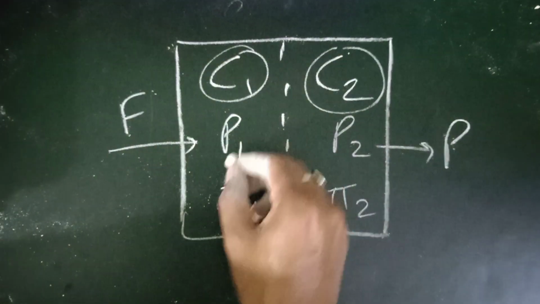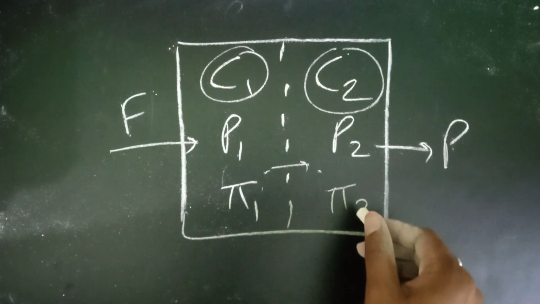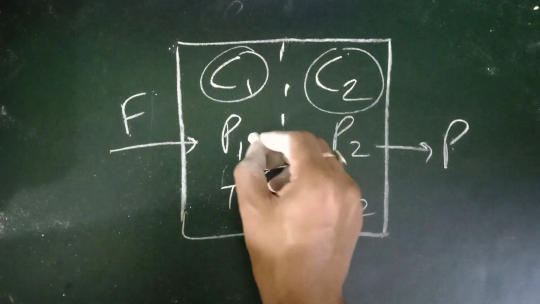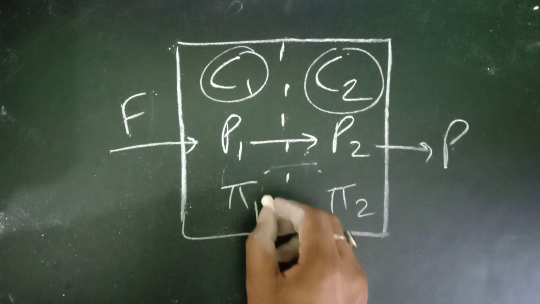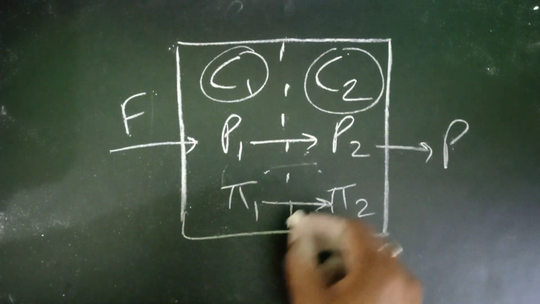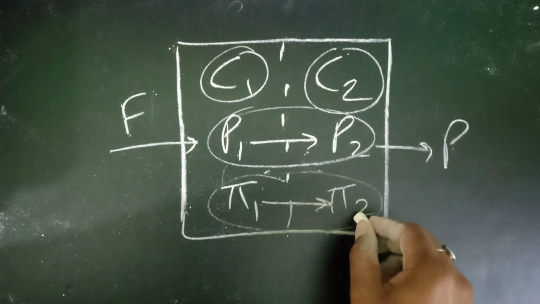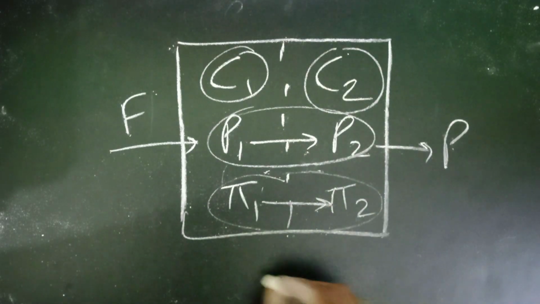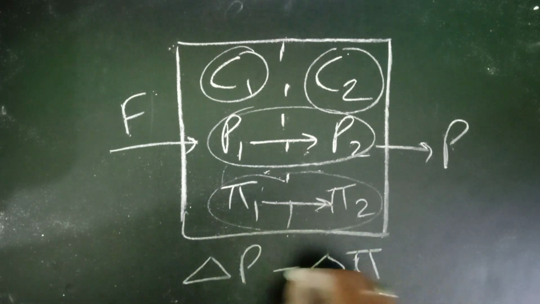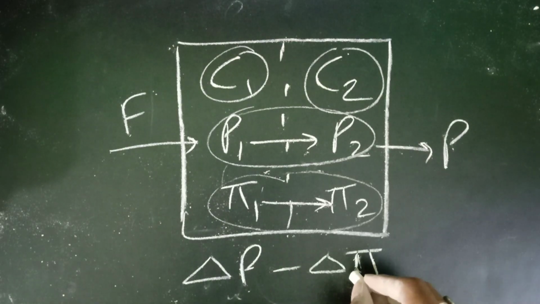If we want to add some pressure to reverse the process, because we are going against nature, our driving force will be the difference between these two minus these two. That means how much extra pressure we need to go beyond the osmotic pressure difference. That is delta P minus delta pi.